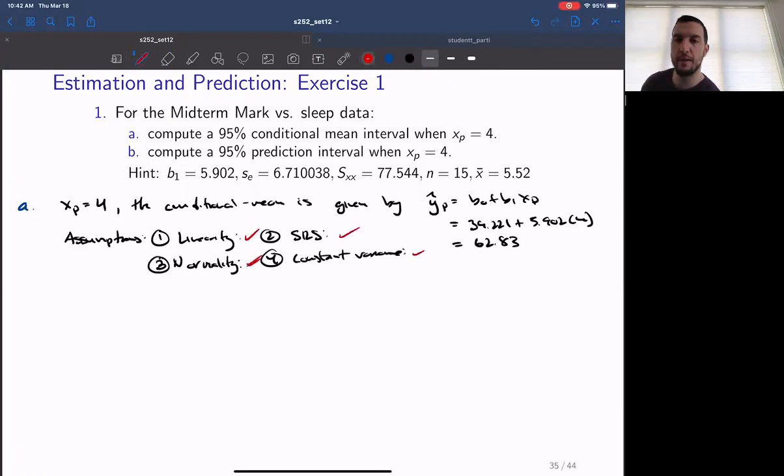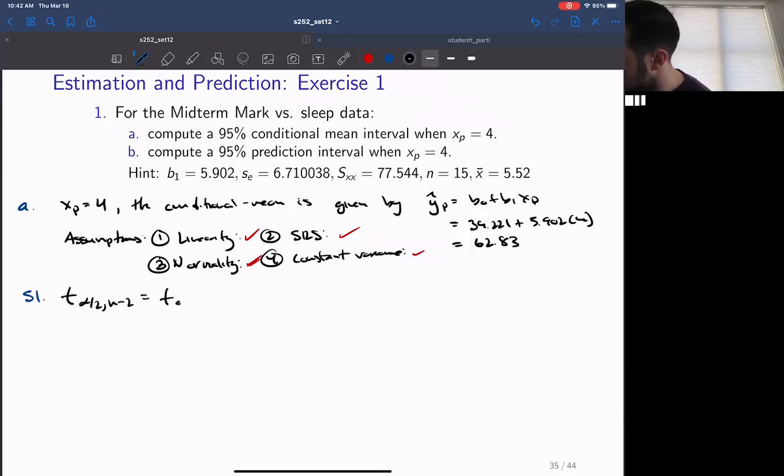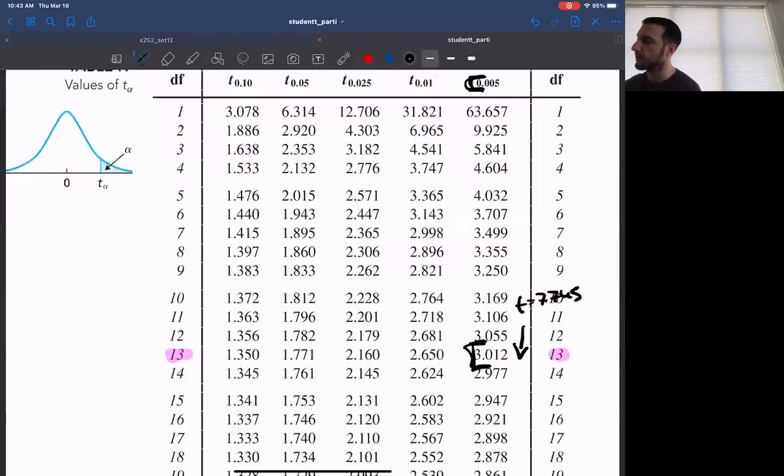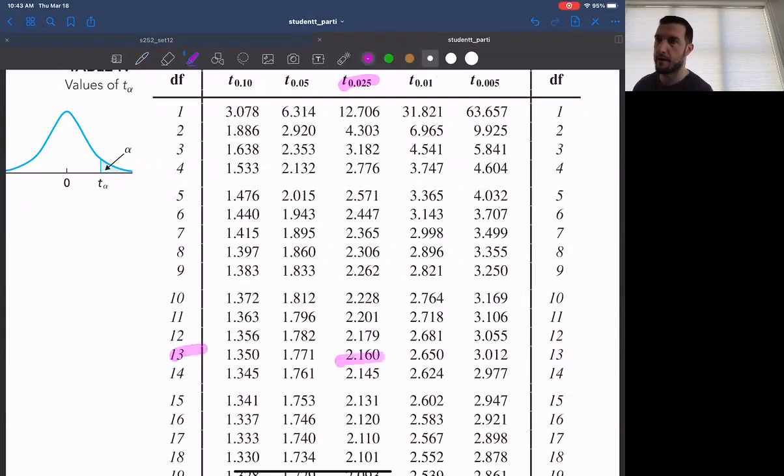So we have verified these throughout the lecture set the same way that we did for the regression t-test. Okay, on step 1, we compute our t-value. So we're computing 95% intervals. So we have t 0.025, 13. And just like we showed before, this is going to be 2.160, right? So the value is the same.